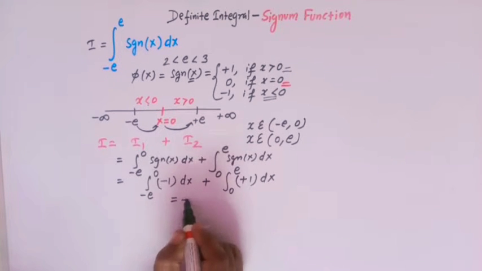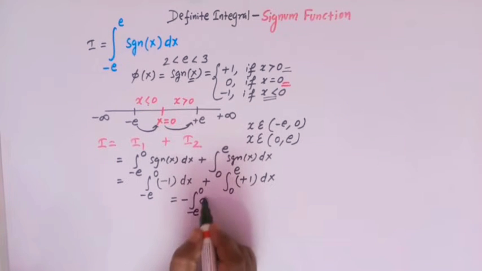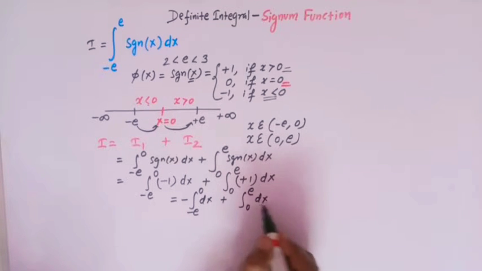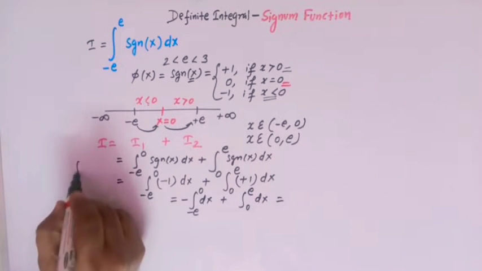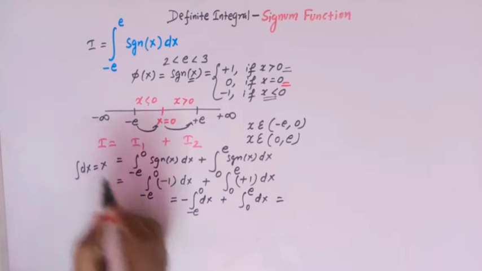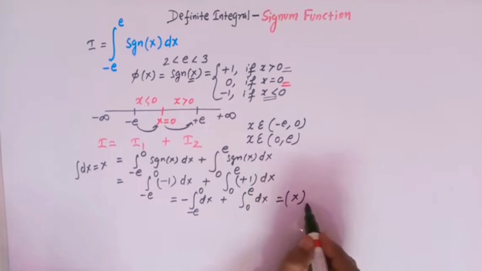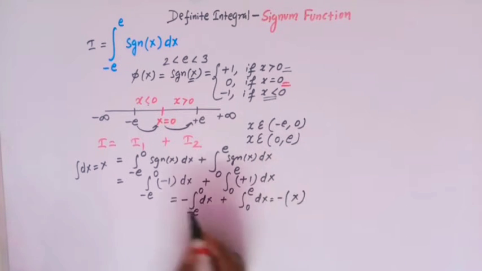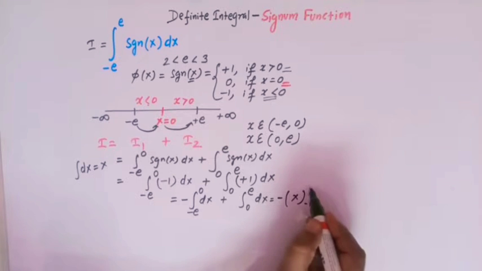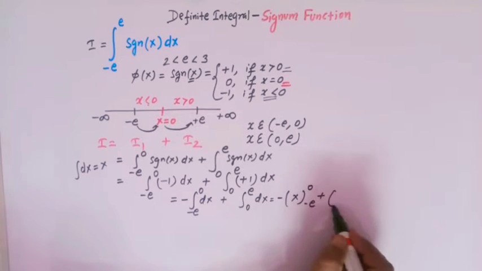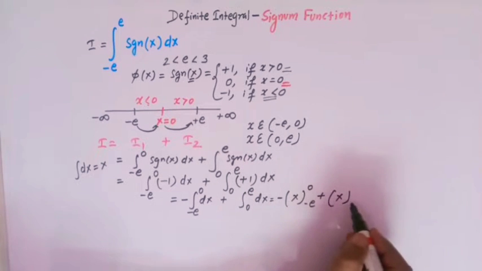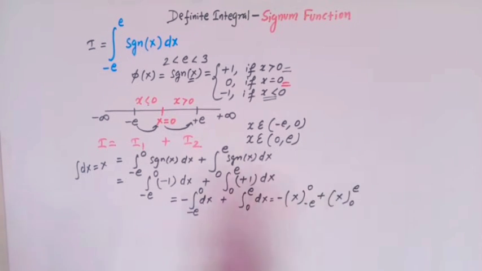Taking the negative sign outside, we have minus the integral from minus e to 0 of dx, and here we have the integral from 0 to e of dx. The integral of dx is x, so here we have x with the negative sign and the limits from minus e to 0, and here the integral of dx is x with the limits from 0 to e.